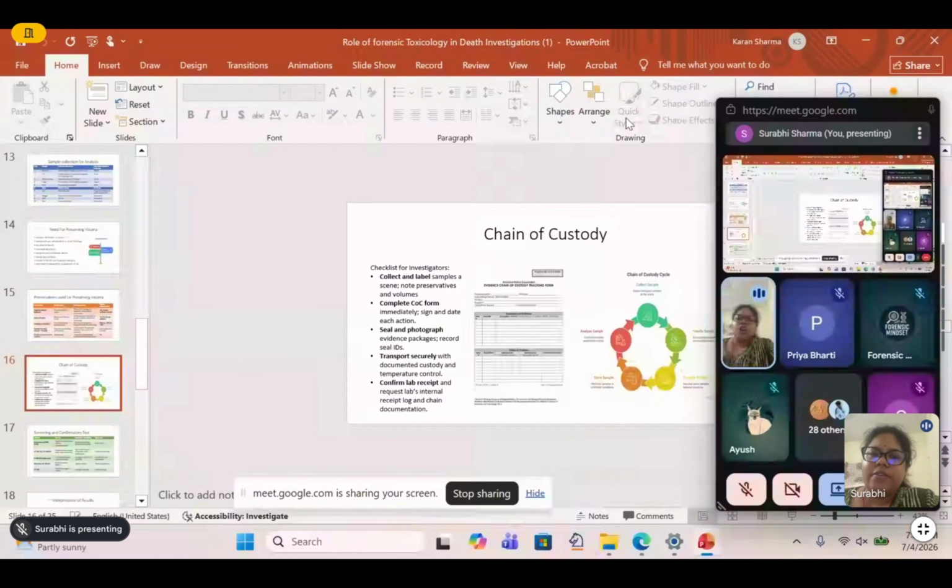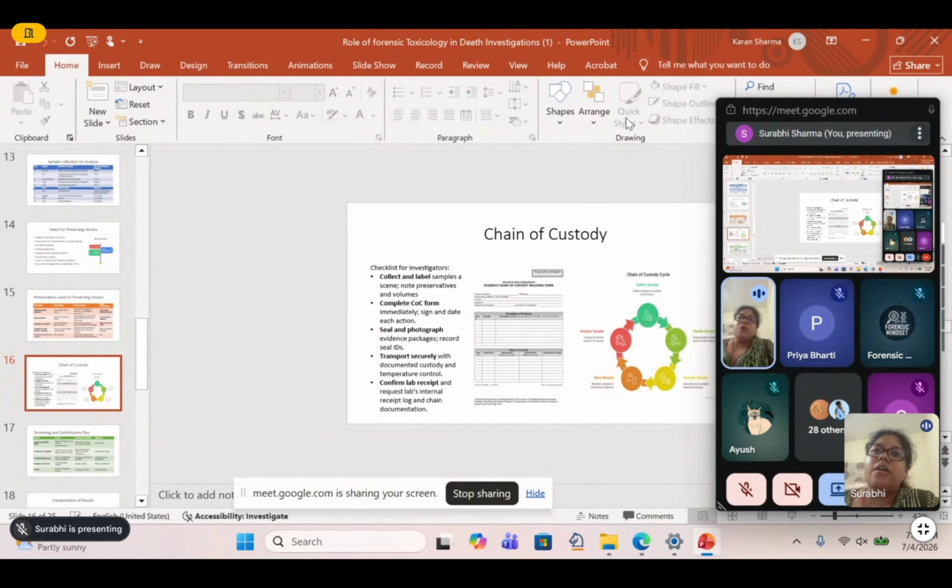Then coming to chain of custody, which is very important in maintaining or solving any case. We have all heard about a law of forensic science in which it is said, no analysis is better than the sample analyzed.